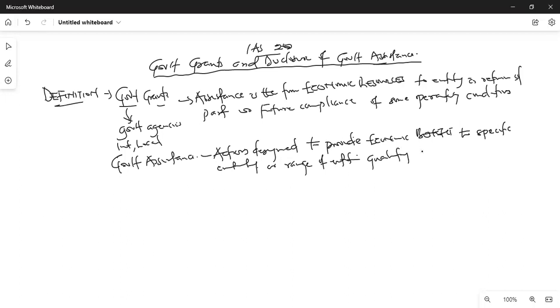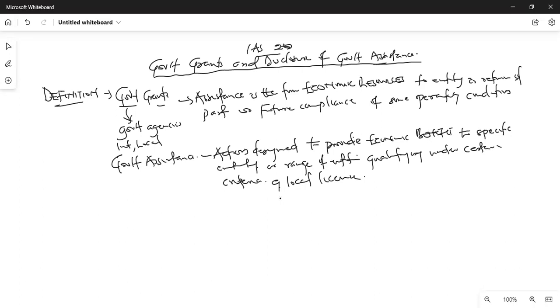Right? All right, so that is how this one works, especially when they give you a local license to operate somewhere. All right, so that is the grant that we are talking about.